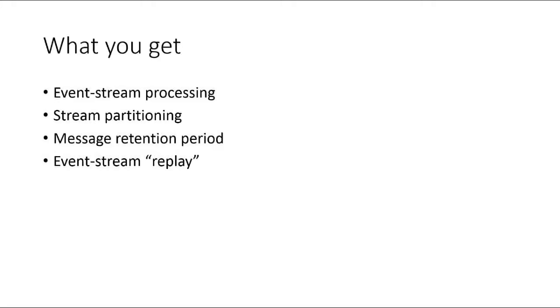The consumers themselves don't even know or care about any other consumers. They get to work against the Event Hub completely independently. And in fact, the stream itself is not even concerned about how many publishers there are or who the consumers are. Everything is highly, highly decoupled.